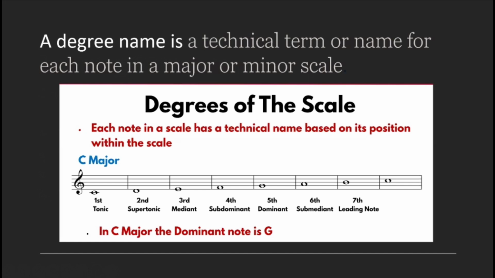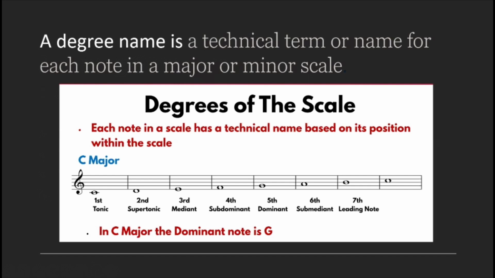Now let's look at technical names or degree names. They are the names given to each note in a major or a minor scale. So anytime you hear the word technical name or degree name, they are the names apportioned to each note in a major scale. For instance, look at the scale of C major.